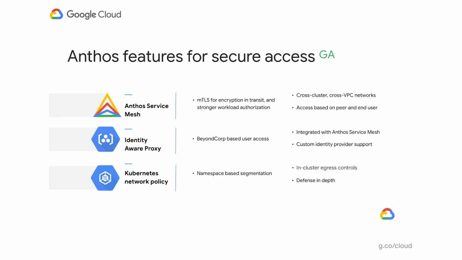Identity Aware Proxy enables you to grant access to your insiders based upon strong authentication of the end user itself and based upon things like the device context and IP address, for example. It's integrated with Anthos Service Mesh, and it can also support third-party identities. So you can bring your own identity provider and use that with Identity Aware Proxy.